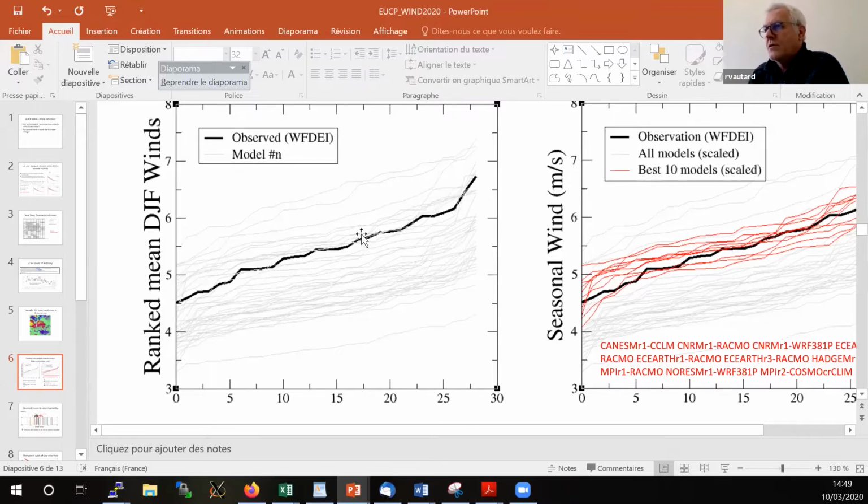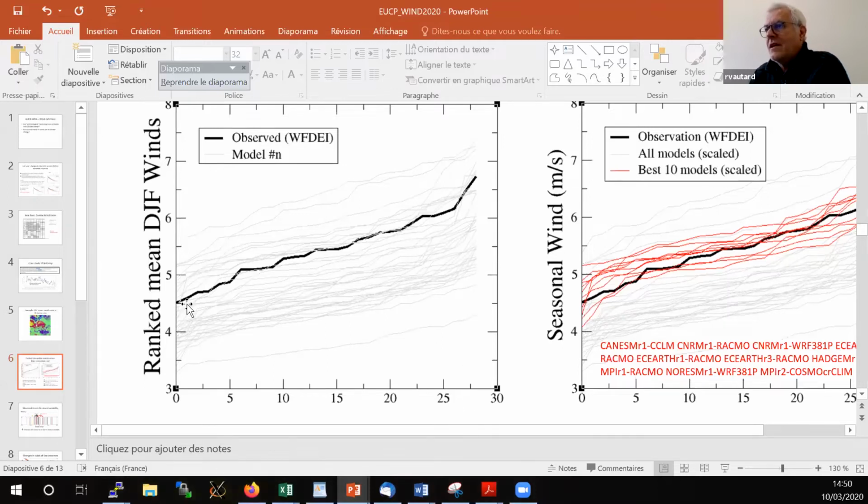What we also see in this graph is that basically it's a cumulative distribution function with the wind on the y-axis, and the sorted value, the rank, on the x-axis.